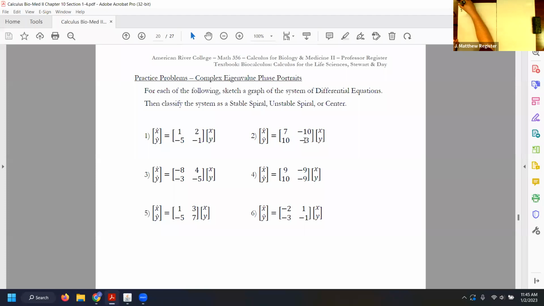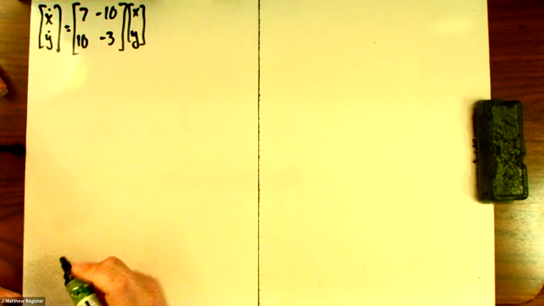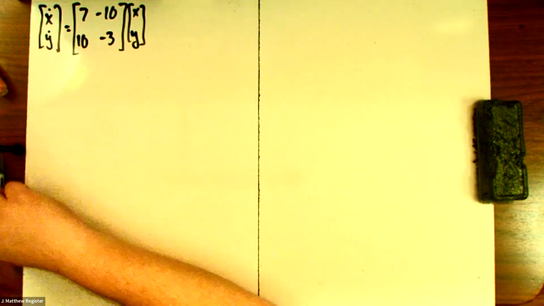x dot, y dot equals 7, negative 10, 10, negative 3, x, y. Excellent. And so to do this problem, it is the exact same process that we have done with everything so far.